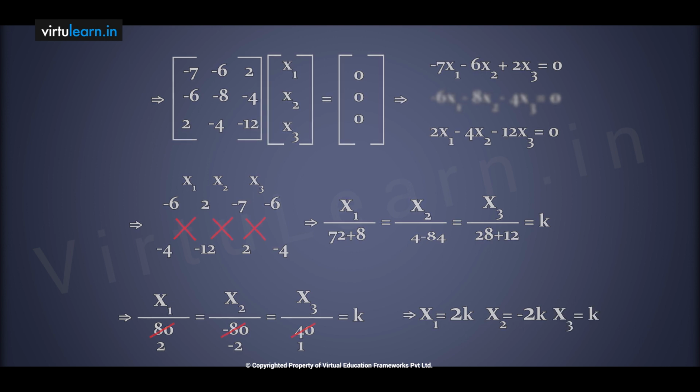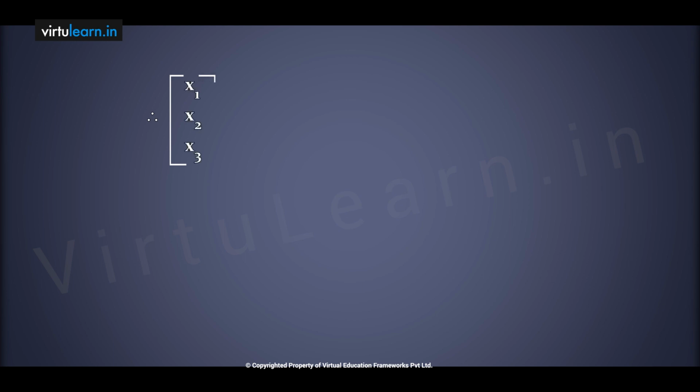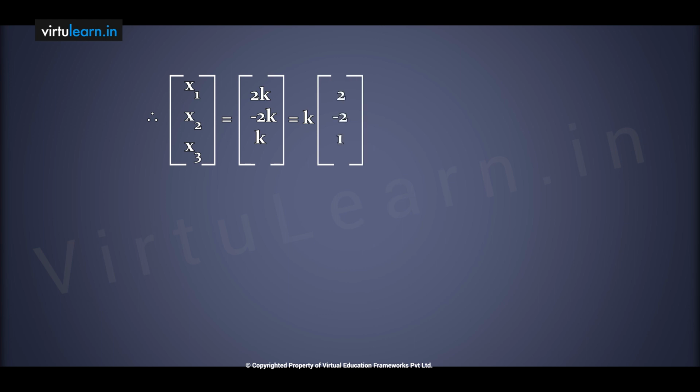x3 equal to x1, x2, x3, that equals, you substitute these values, 2k, minus 2k, k. Now you take k common, 2, minus 2, 1. This is a linearly independent vector and k is a parameter. I explained that corresponding to one eigenvalue we are getting many eigenvectors.